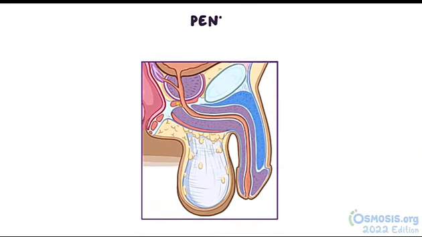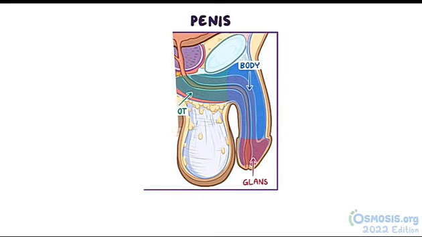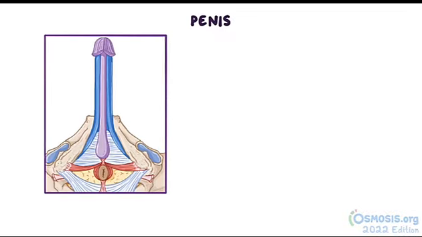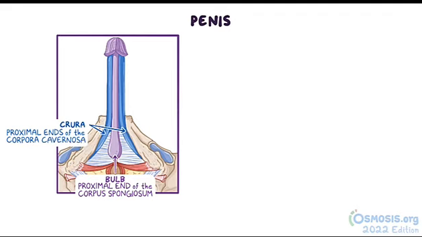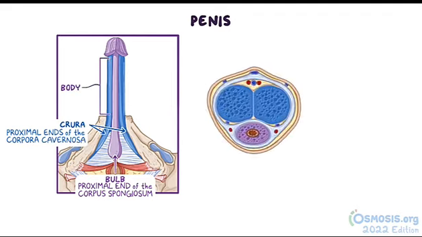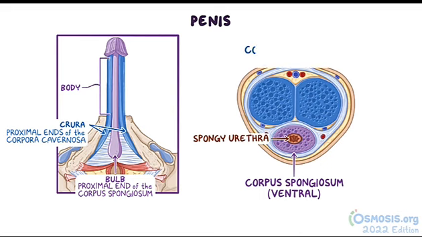Next is the penis, which has three parts called the root, the body, and the glans. The root contains three erectile structures: a single bulb, which is the proximal end of the corpus spongiosum, and the paired crura, which are the proximal ends of the corpora cavernosa. In the body of the penis, these erectile tissues form three columns with the single corpus spongiosum lying ventrally, surrounding the spongy urethra, and the paired corpora cavernosa lying dorsally.